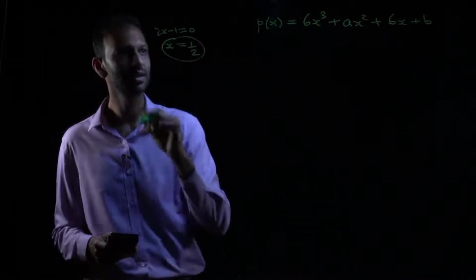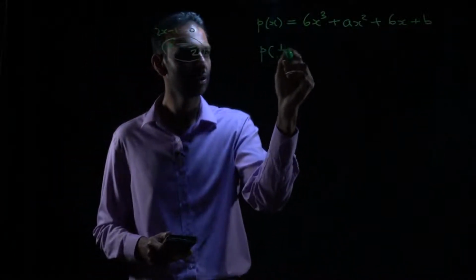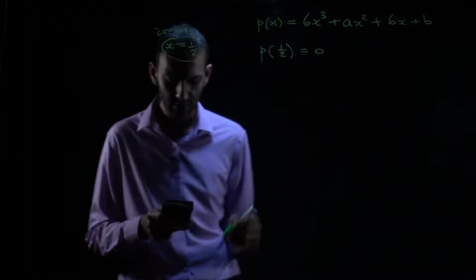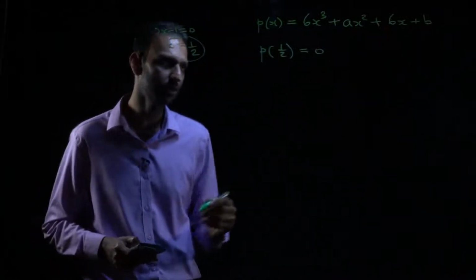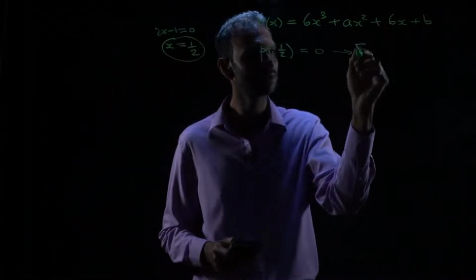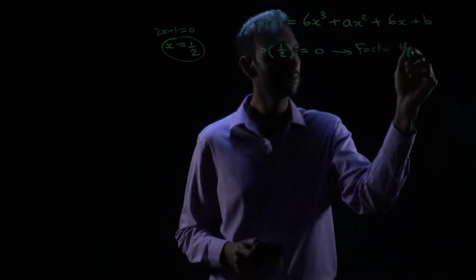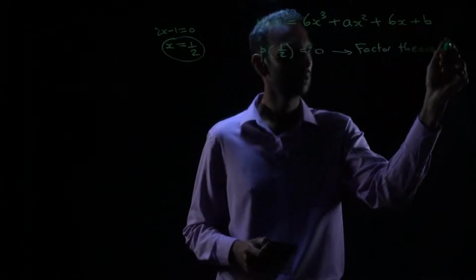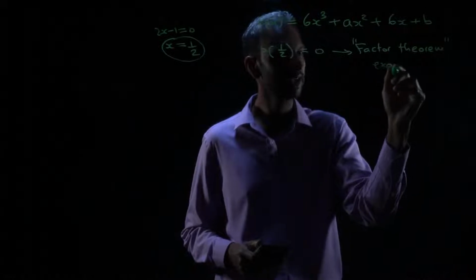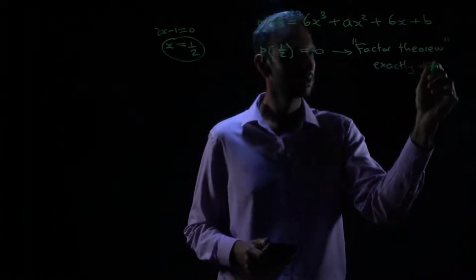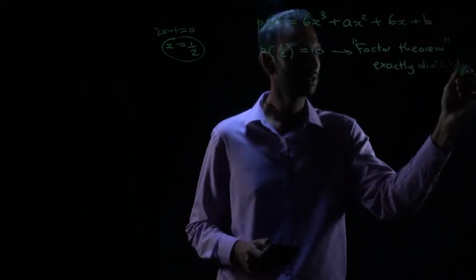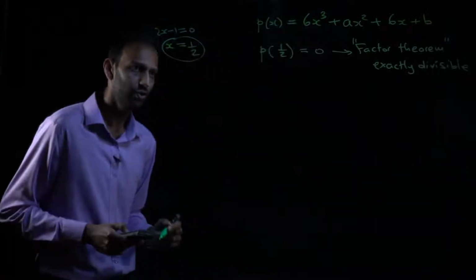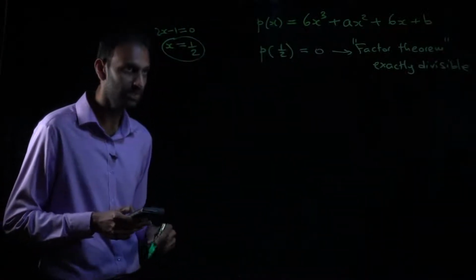It means that when I substitute the half here, I should get 0. So p of half is equal to 0. Why? Because it's from factor theorem. Why is it factor theorem? Because it is exactly divisible. I'm just writing some notes for you to be able to understand why we are doing this step.